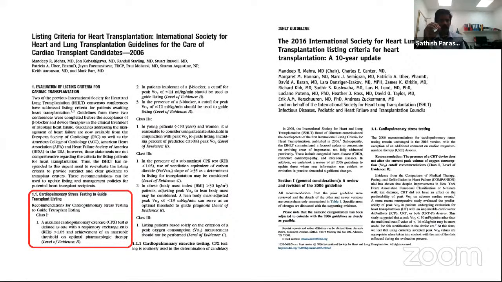In the heart transplant guidelines, the first essential criterion for listing patients for heart transplantation is cardiopulmonary exercise testing. Whether the ejection fraction is 10%, 15%, 20%, it doesn't matter. In my thought, it is not how the heart is doing on its own, but how the whole body is responding to a diseased organ, that is the heart. How the whole body is responding, how functional the patient is, decides the prognosis of the patient.